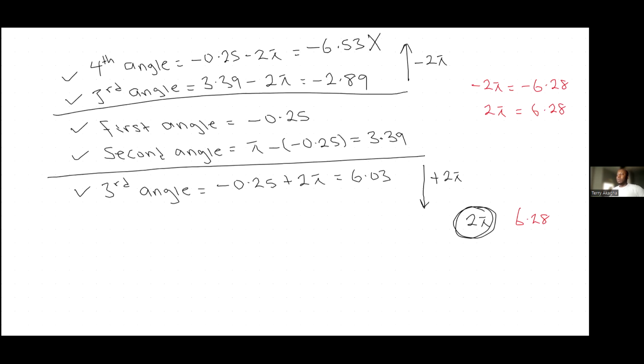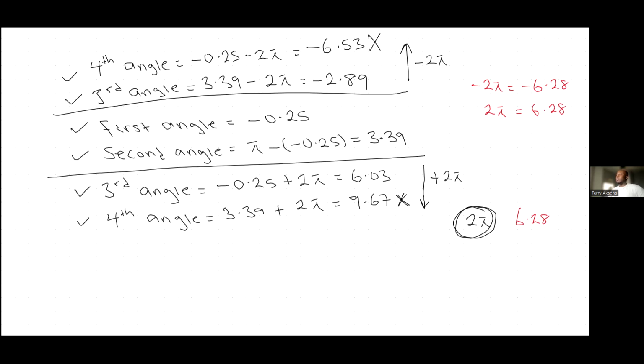That is good. You keep on going. So you go to the fourth angle. The fourth angle is going to give us 3.39 plus 2 pi. And what would that give you? 9.67. 9.67 is greater than that, so you stop there.